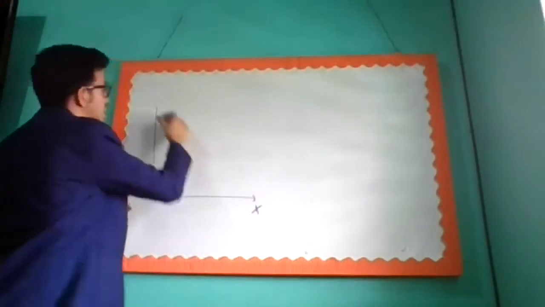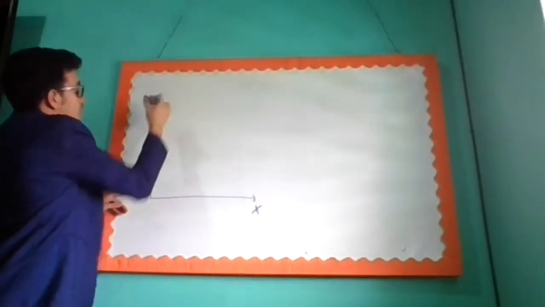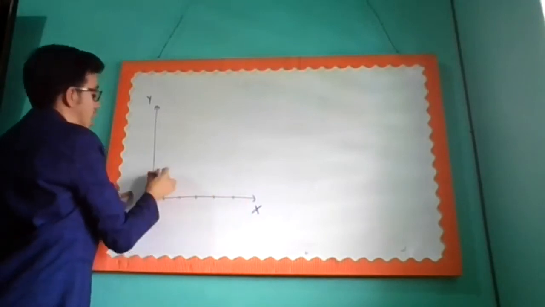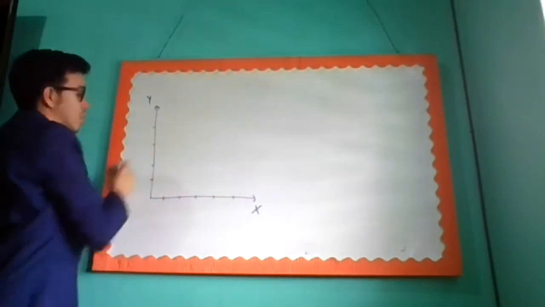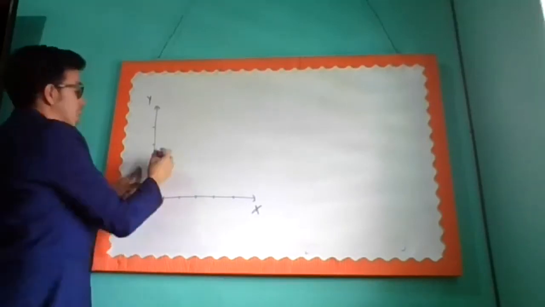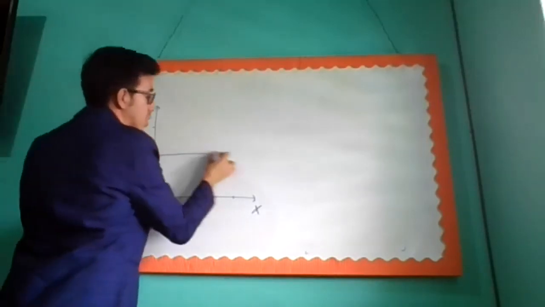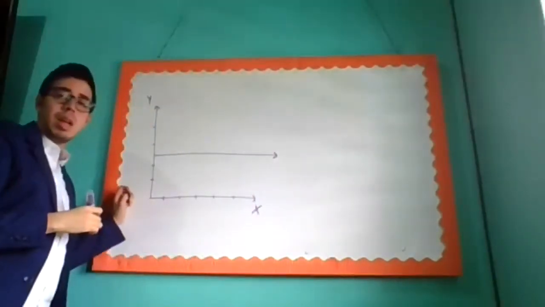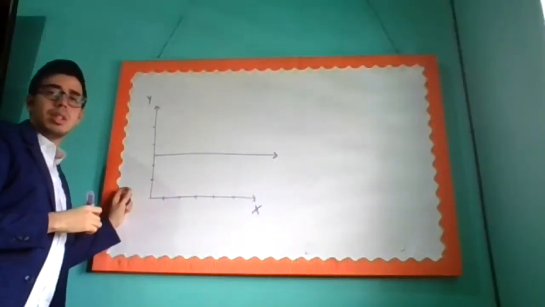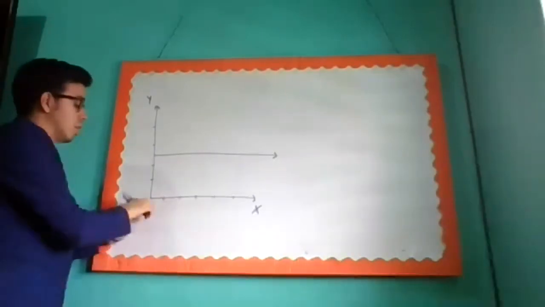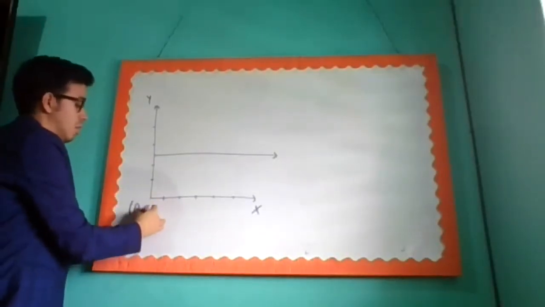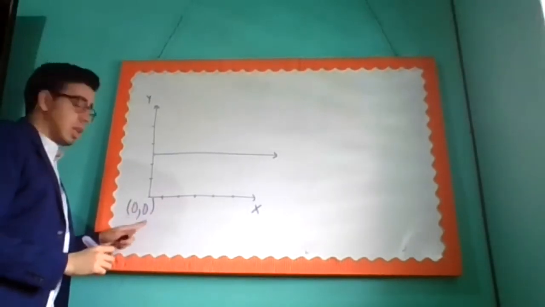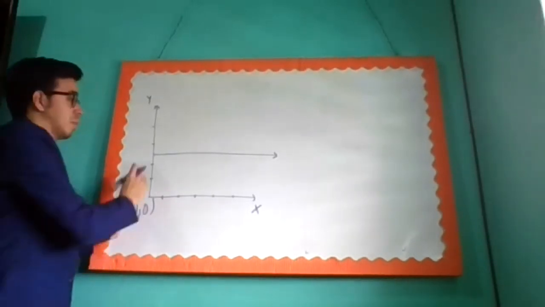You have x and you have y. Imagine that you have one line that passes like this. Is this going to be a proportional relationship? No, right? Because it doesn't start at the origin.